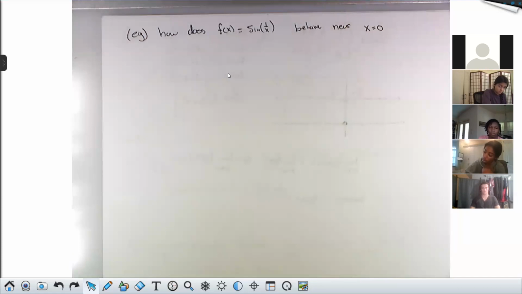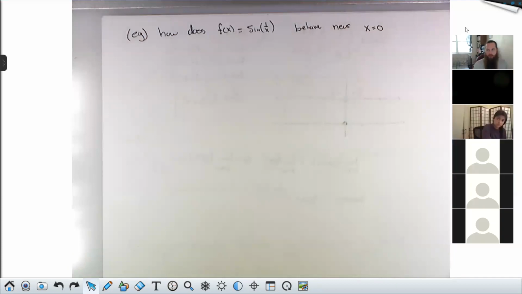We know what sine x looks like. Sine x is just a wave, right? It's a wave with amplitude 1, and it's periodic with period 2 pi. But sine 1 over x is very different. You see, as x gets smaller and smaller, 1 over x gets bigger and bigger and bigger.